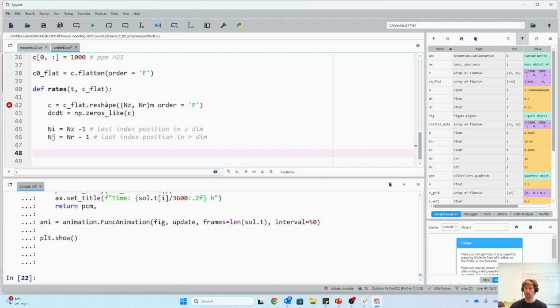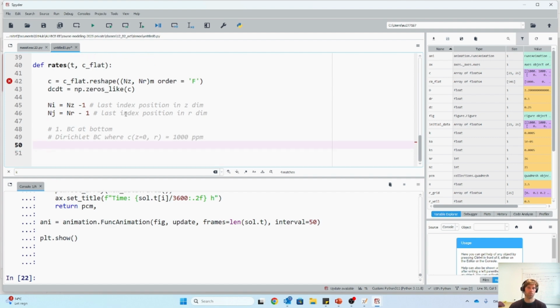And now we will start to define the boundary conditions. So the easy one is the lower in the bottom, where we have a Dirichlet boundary condition. And here we have that all C at Z equal to 0, and for all R is equal to 1000 ppm.